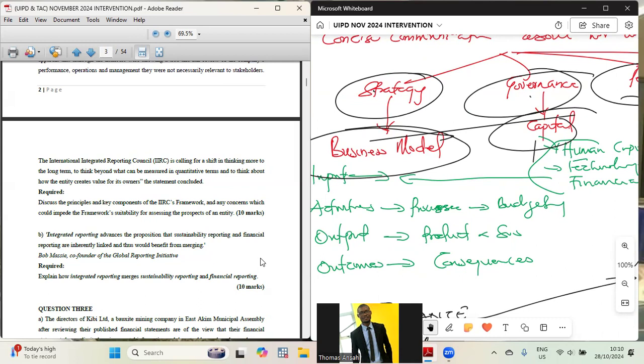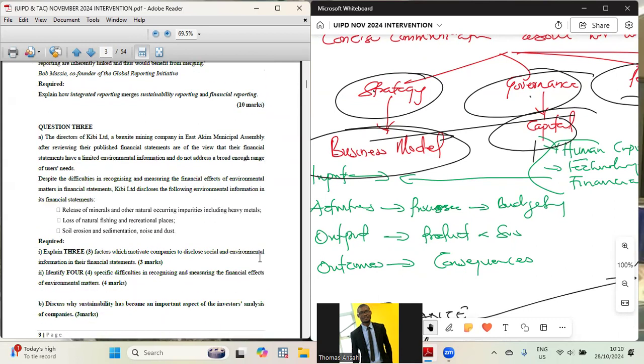Your cost is there. So this one: explain three factors which motivate companies to disclose their sustainability information. So what is the relevance? Why would you want to disclose? Any idea? Why do you think people would want to disclose issues of sustainability?